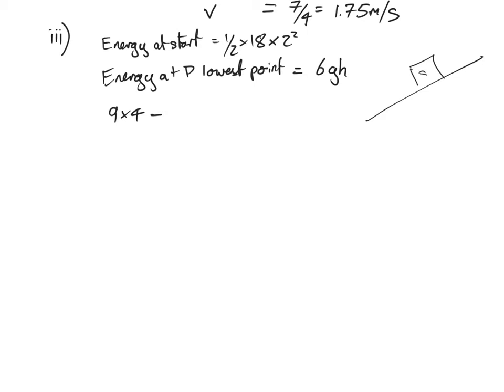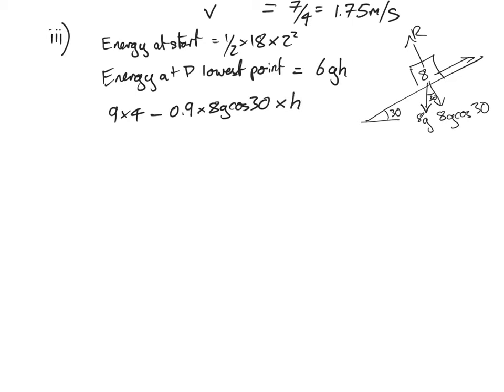So we've got 8 there, there's my 30, so that's 8g, so this is 8g cos 30, so that's R, and F max, it's moving, it's maximum, so it's mu, which is 0.9, times R, which is 8g cos 30, times the distance travelled, which is h, and that equals 6gh.